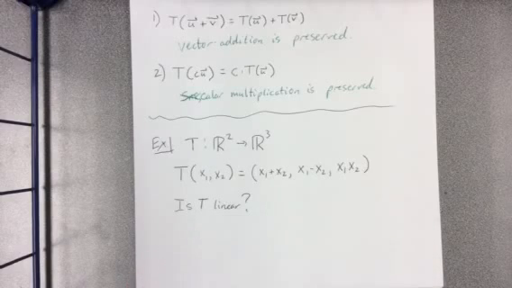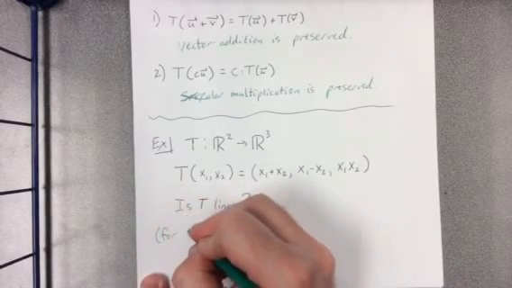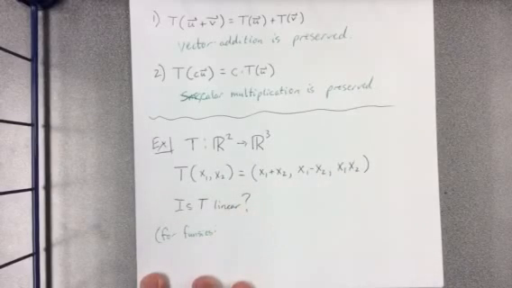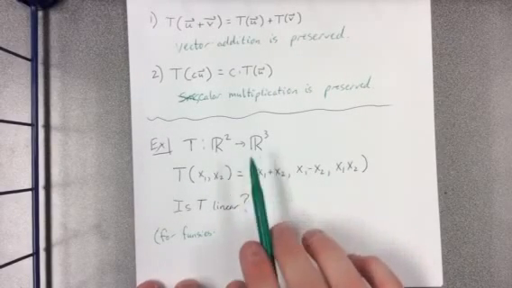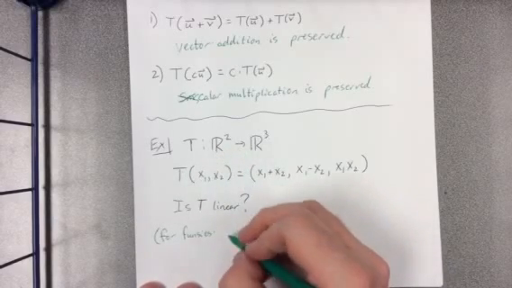So first thing I'd like to do, just for funsies, my students know that I like to do things for funsies, I would like to calculate a couple of images. An image is the vector in the codomain that results from sending a vector from the domain through the transformation.